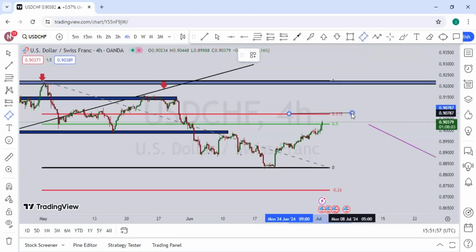Let me draw this way. My first yellow zone disappeared.